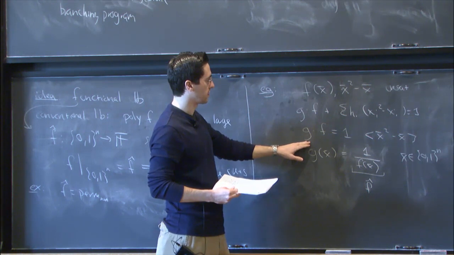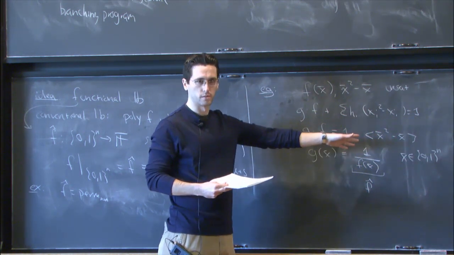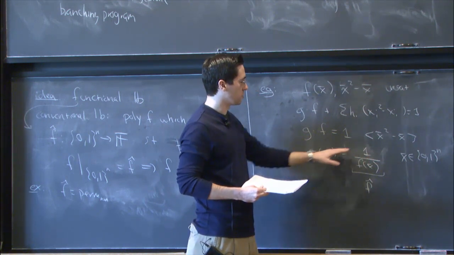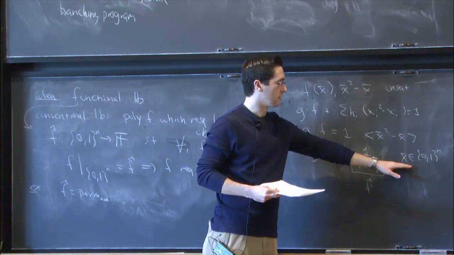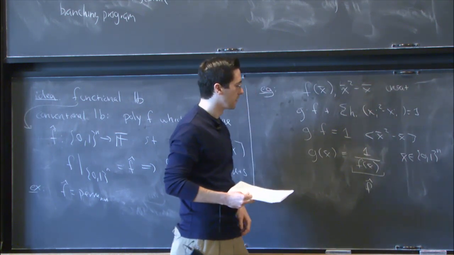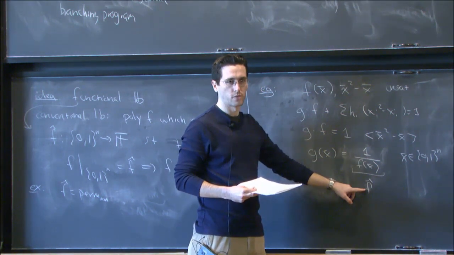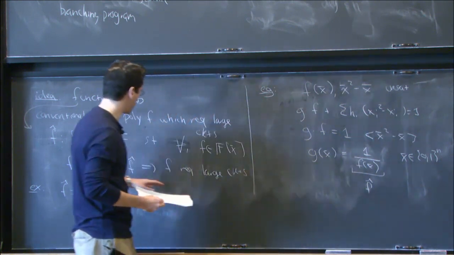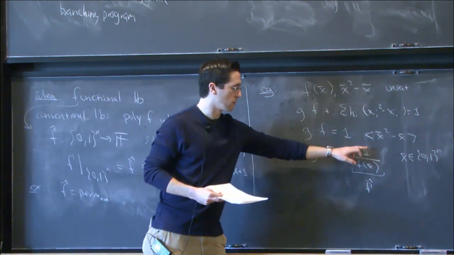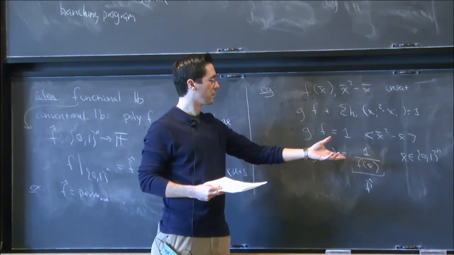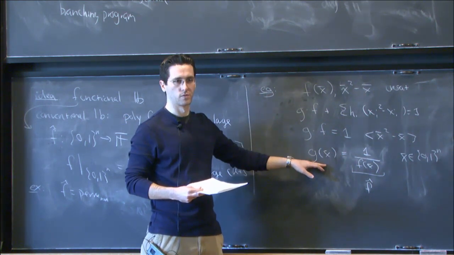That implies that G times F is 1 modulo the ideal, which is equivalent to saying that G is 1 over F for all Boolean vectors. And if this function, which we'll call f hat, has the functional lower bound property, that any polynomial agreeing with this function on the Boolean cube must have large circuits, then that implies the IPS proof must be large.